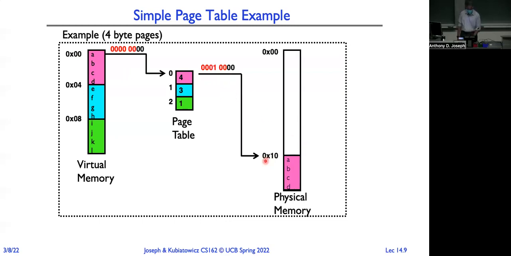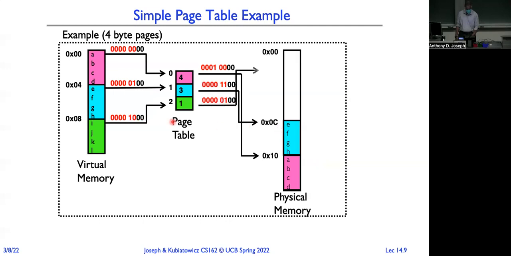And so here it is at 10 hex in physical memory. Similarly, where is 4 hex located? That's 0100. So offset is 0, page is 1. That maps to 3, which is 11. And so that maps to C hex.